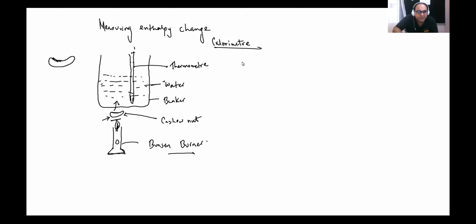So before we talk in more detail about water, we have to understand the density of water is 1 gram per cm cube. So if we are taking 100 cm cube of water, that is basically 100 grams of water.